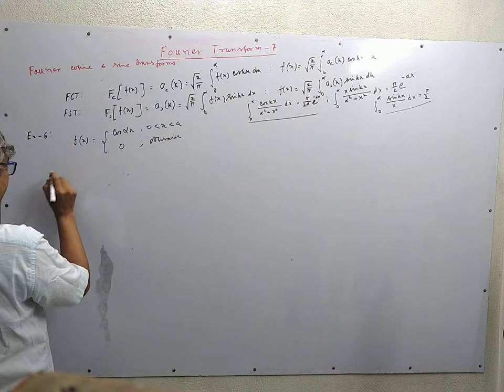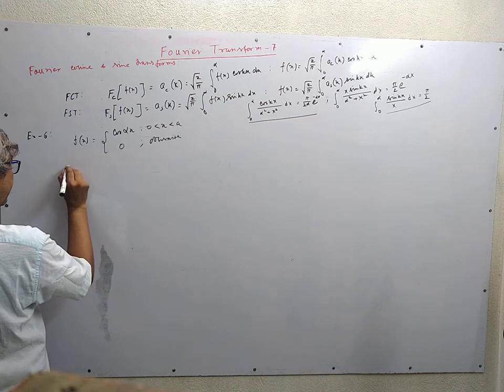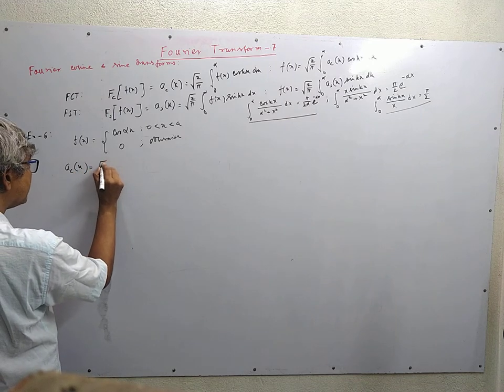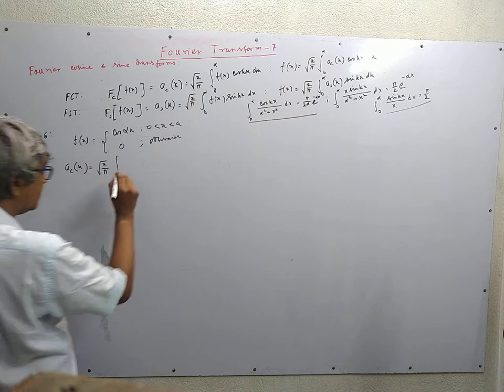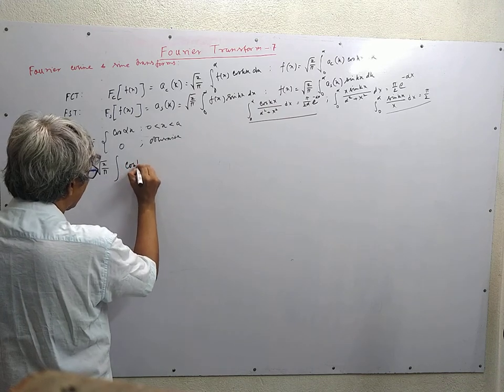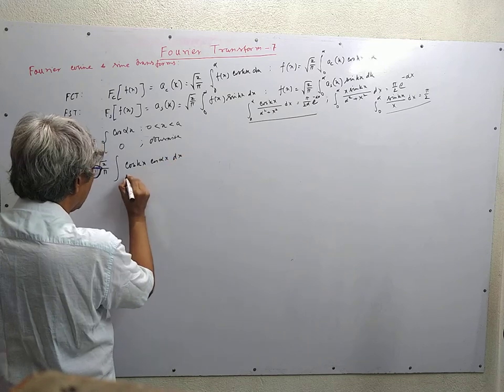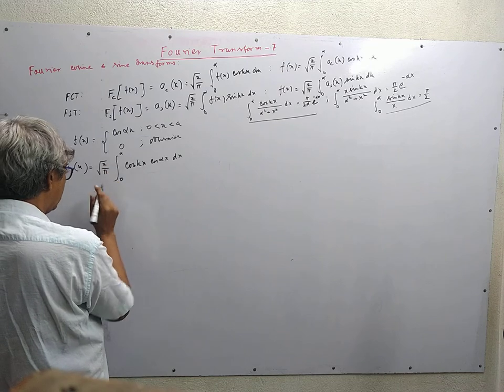So this being an even function, we calculate the Fourier cosine transform.